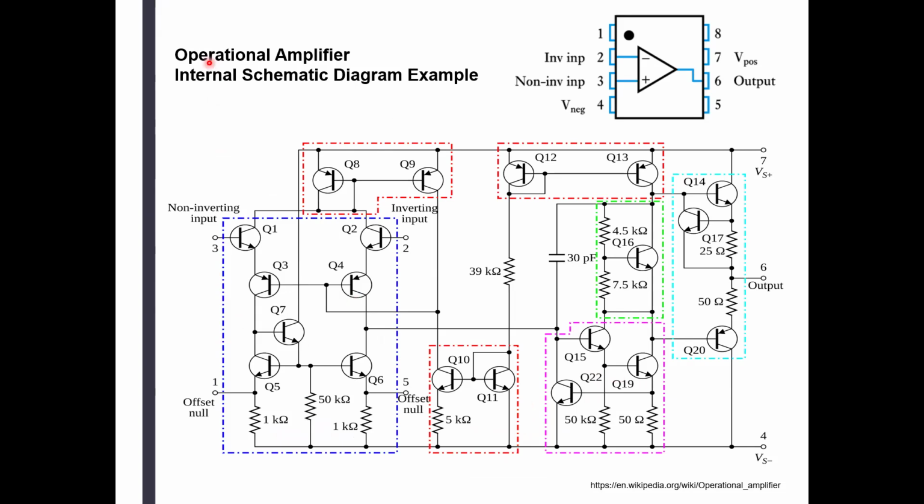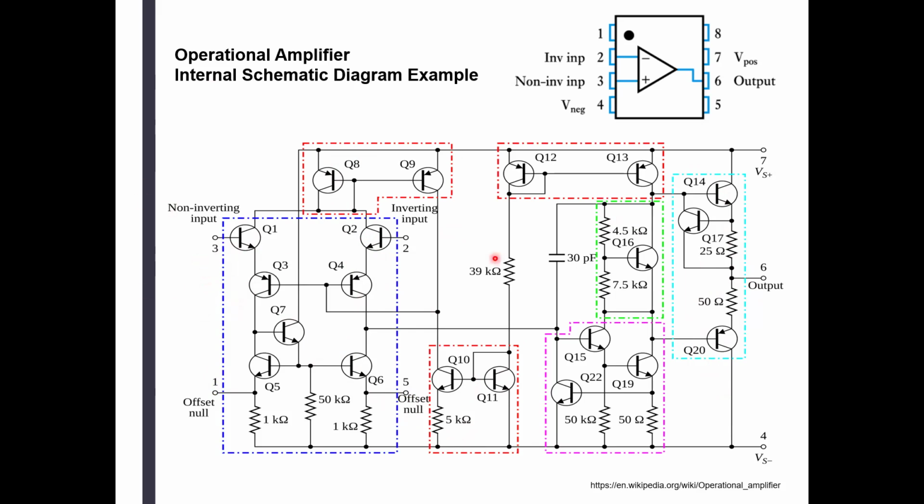Okay, so here is the schematic diagram. Look, here is the non-inverting input. Here is offset null we just talked about. Now where's pin 2? It's somewhere there. Not going to spend time looking for it.